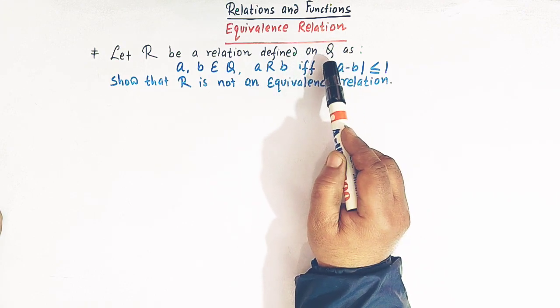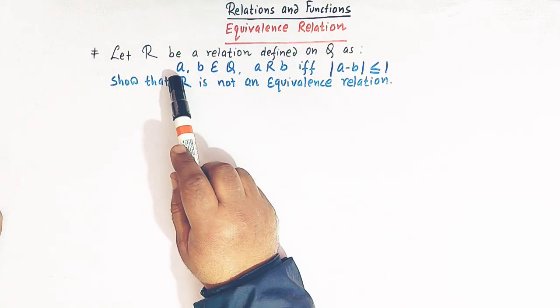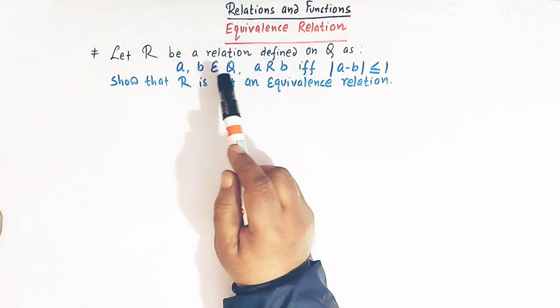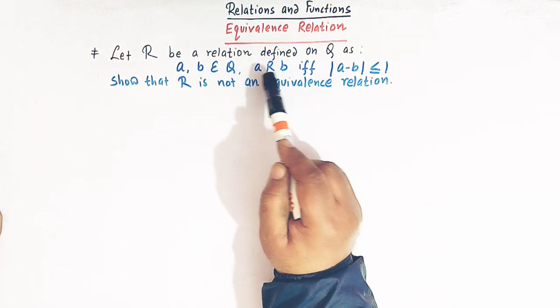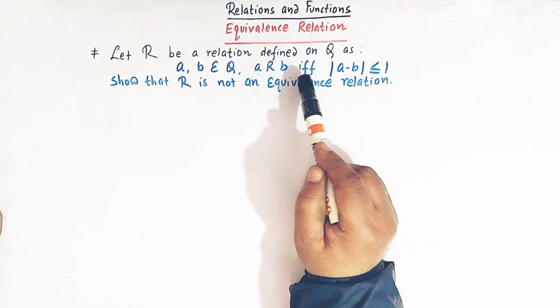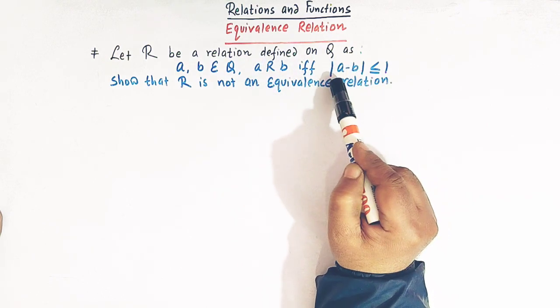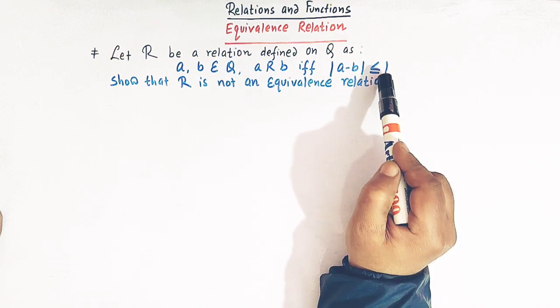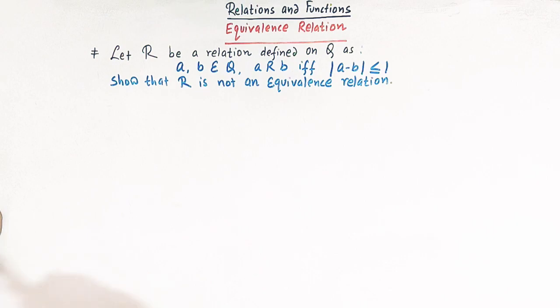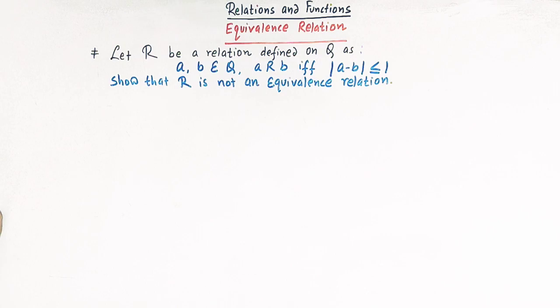The capital Q denotes the set of rational numbers, and if two elements a and b belong to Q, then a and b are related if and only if mod of a minus b is less than or equal to 1. We have to show that this relation R is not an equivalence relation.